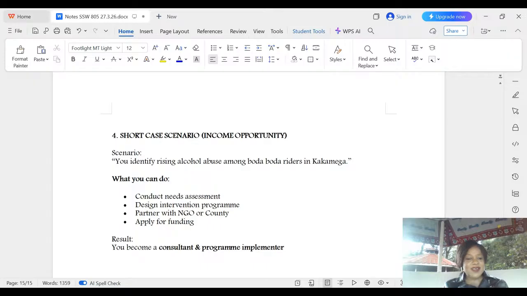So in this case, you first conduct a needs assessment about the issue, you design the intervention program, you partner with a relevant body, let's say an NGO focusing on mental health, the county government, and you apply for funding. And the funders like collaborative, multidisciplinary teams. Yeah, and in this case, you'll find you're working as a consultant and a program implementer.